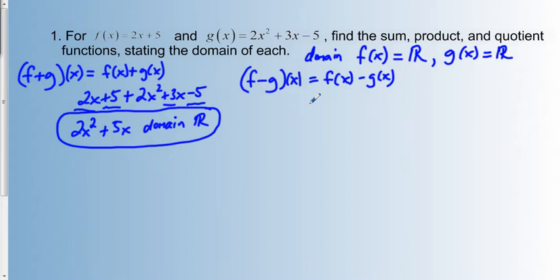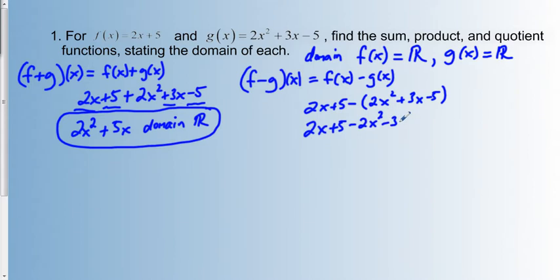We take f of x and subtract g of x. Here's where we need to be very, very careful. We must use parentheses here because we're subtracting the entire g of x function from the f of x function. I really think it's worth writing down the step where we apply that opposite sign to everything after it.